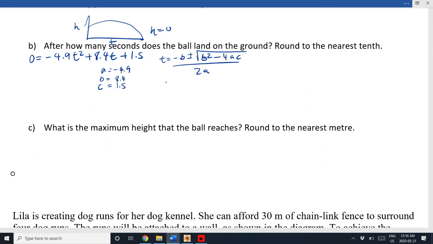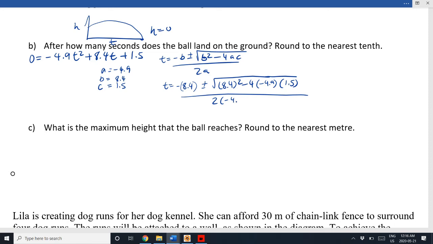So t is equal to negative b, which is negative 8.4, we'll put it in brackets, plus or minus the square root of b squared, which is 8.4 squared, minus 4 times a times c. a is negative 4.9, c is 1.5, all divided by 2a, which is 2 times negative 4.9.